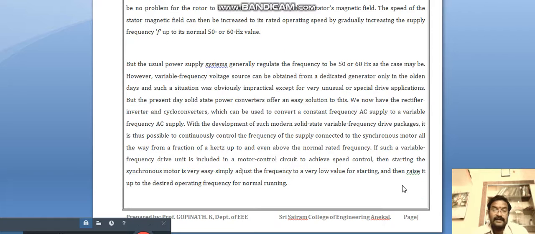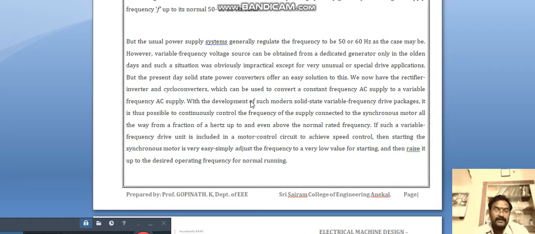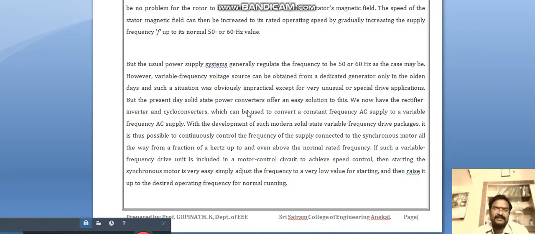Then starting the synchronous motor is very easy: adjust the frequency to a very low value for starting and then raise it up to the desired operating frequency for normal running. This is one way of starting synchronous motors, that is, changing the frequency.